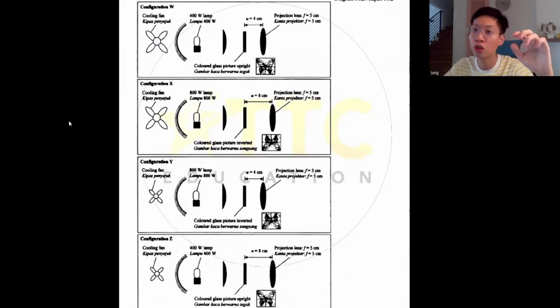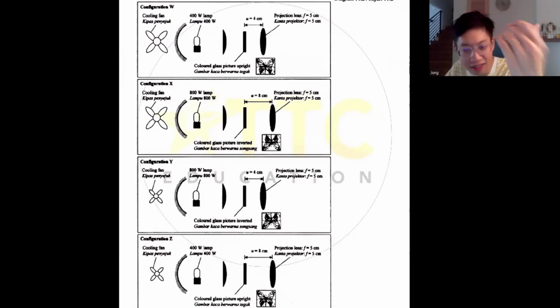I give you 20 seconds to decide which is the better projector lens. So W, X, Y, or Z. Come on, guys, try your best. Wrong, never mind. Most importantly, you try.